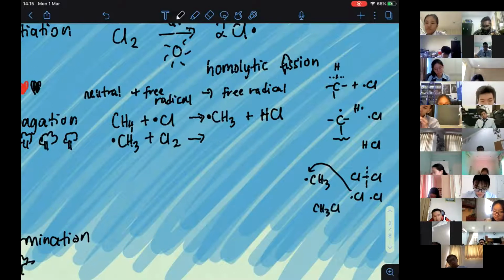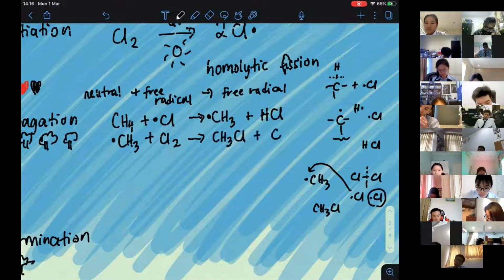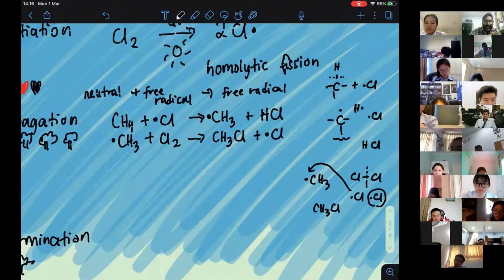And what is remaining? Cl dot. So if I write it over here, it is CH3Cl plus Cl dot. You can see again, free radical plus neutral gives you neutral and free radical. This is one step.